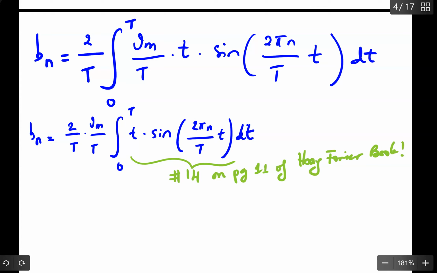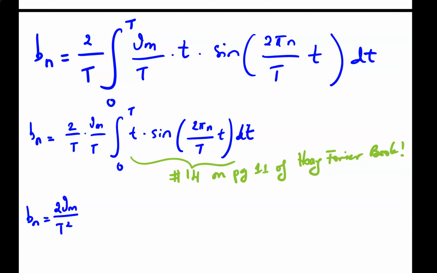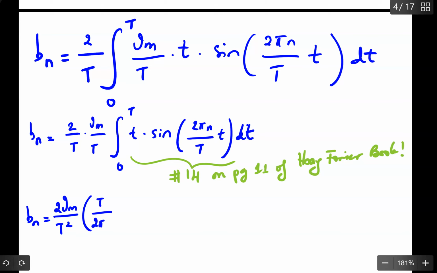Alright, okay. So Bn equal to, I can write Vmax over T squared. I multiply the T with T and 2 with Vmax. The next line is T over 2 pi n, all of it squared, because I'm using number 14.